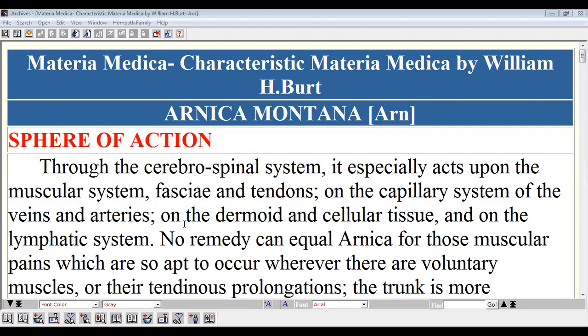One more is given on the dermoid and cellular tissues and on the lymphatic system. The spheres of action according to William Bird are: muscle, fascia, tendons as one; another is the capillary system of veins and arteries; and another is cellular tissues and lymphatic system.